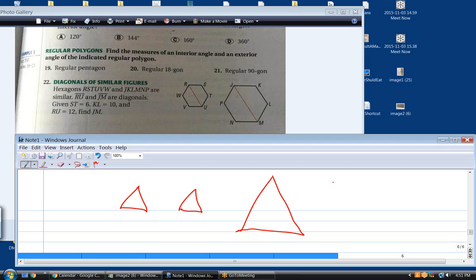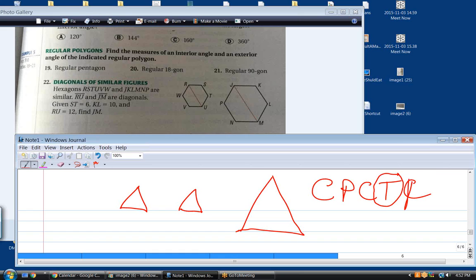In other words, what was that? Corresponding parts of congruent triangles are congruent. Well, that is true whether they're triangles, rectangles, five-sided figures, whatever. Corresponding parts are similar.